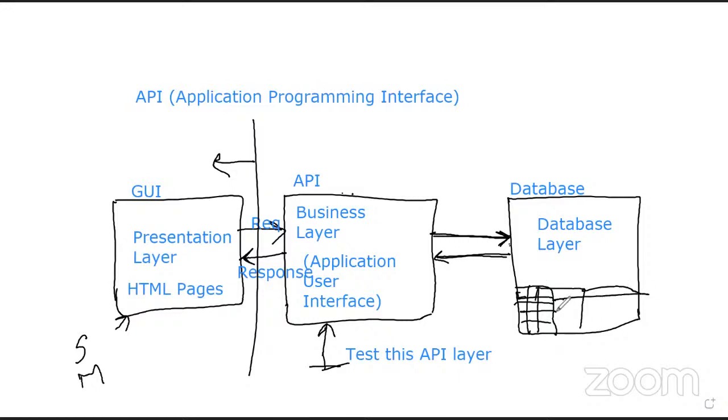All those tables are updated when you create something. When you create a user, the user table is updated. Once you place an order, the order table is updated. Able to understand?